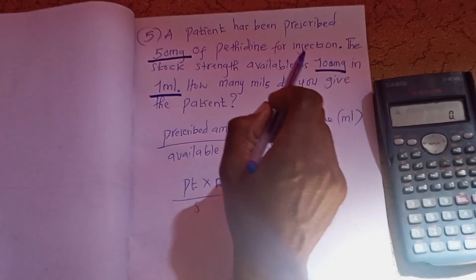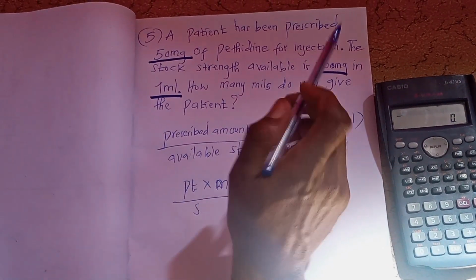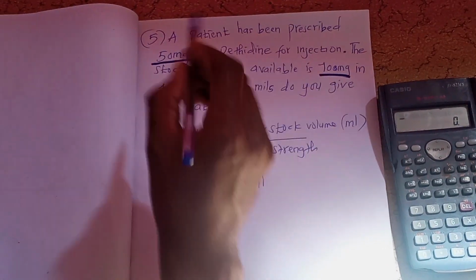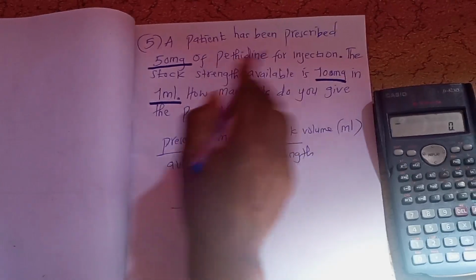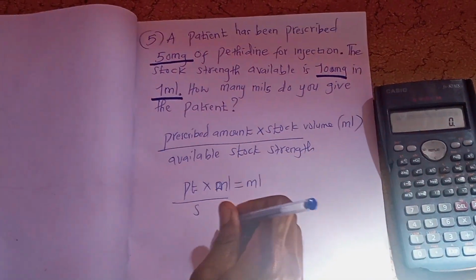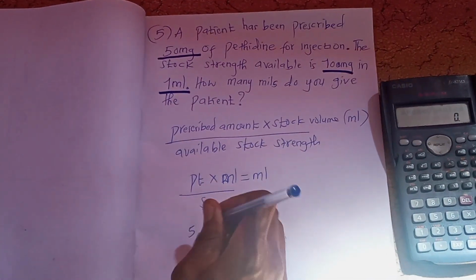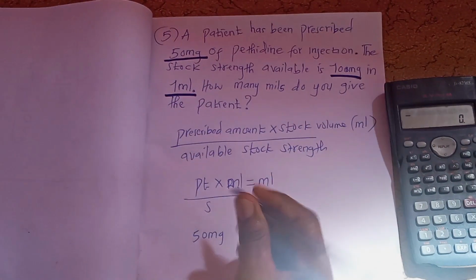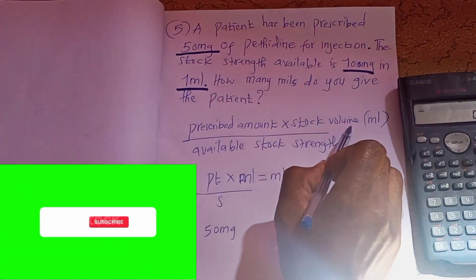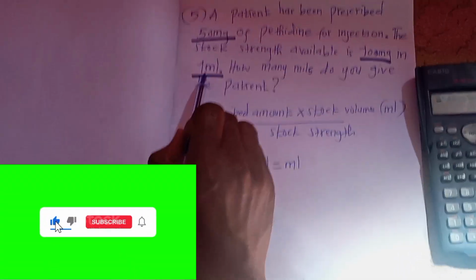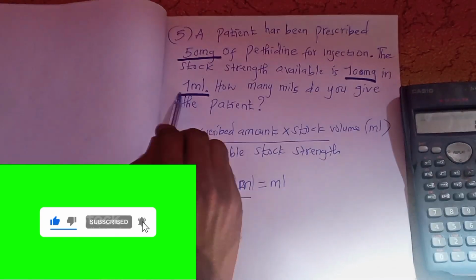Let us now see the highlighted keywords of the question. Prescribed is 50 mg of pethidine, so our prescribed amount is 50 mg, multiplied by stock volume, which is in ml, that is 100 mg in 1 ml.